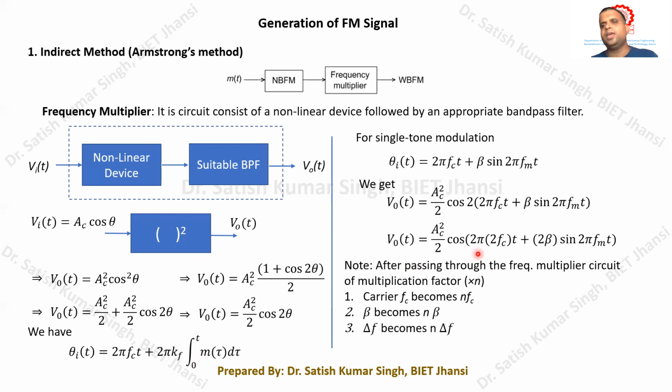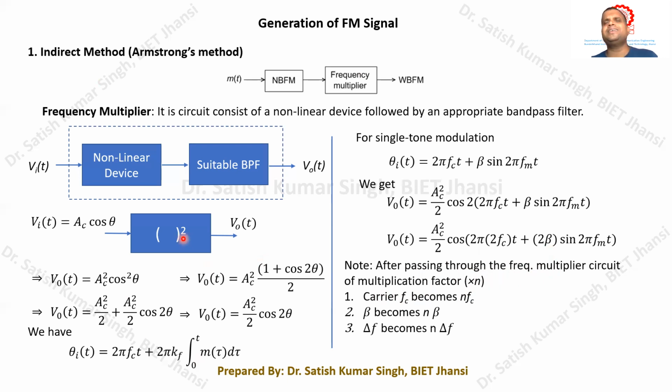Here the carrier becomes 2fc and the modulation index becomes 2 beta. So what is the effect when we pass a signal through a frequency multiplier with multiplication factor n? Here n equals 2.